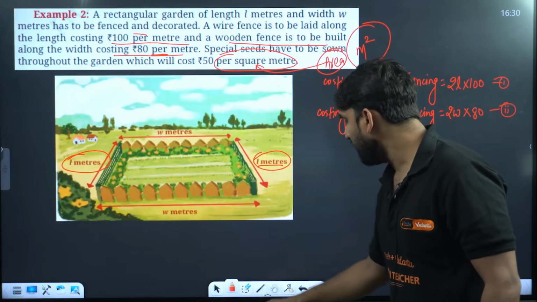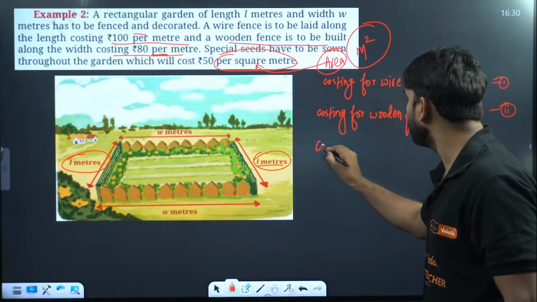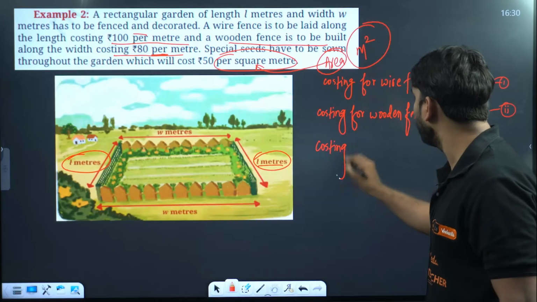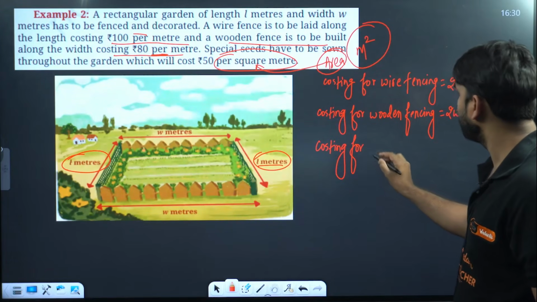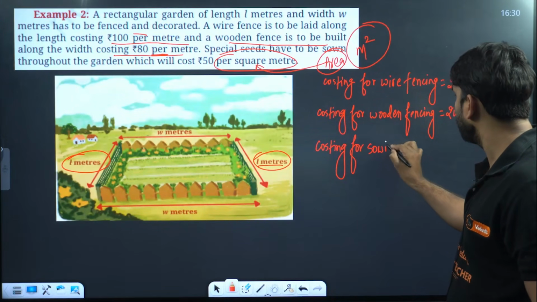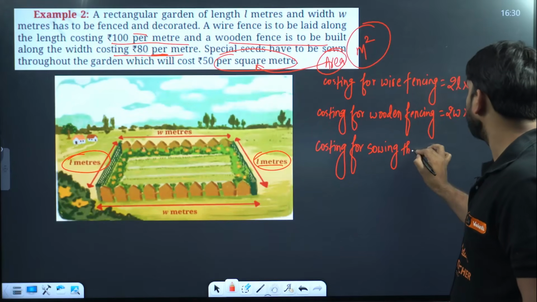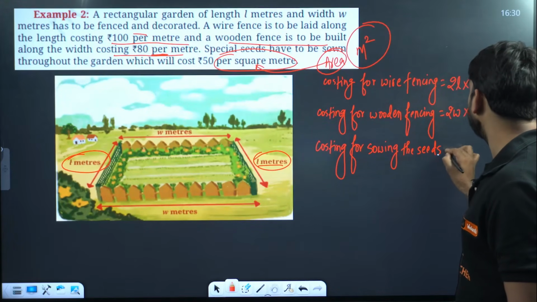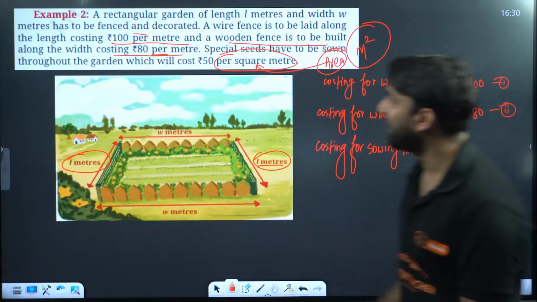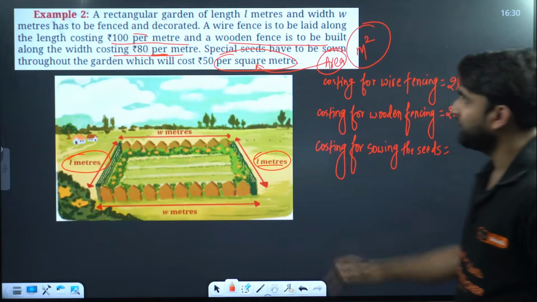Now costing for sowing the seeds, and seeds have to be sown in the entire garden. So we need to find out the area, and this is rectangular.